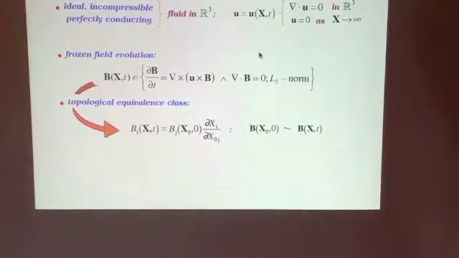From this transport equation, it's a very old result, due to Cauchy, we have the transport of the field at time t from the field at time 0 through this deformation tensor dxi/dx0j. So everything depends on this deformation tensor.